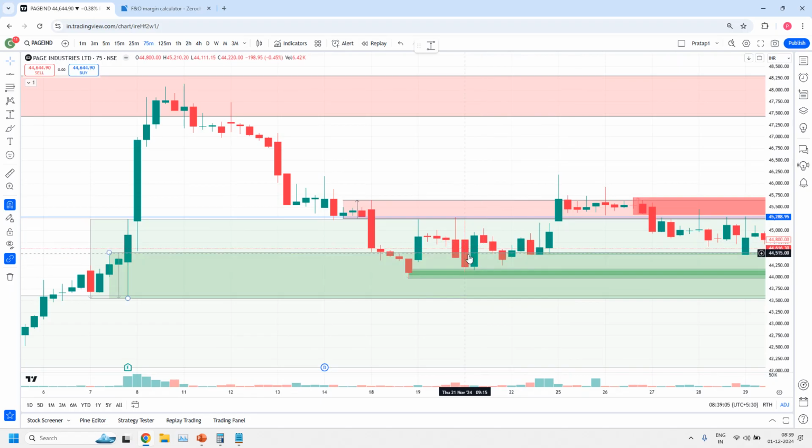Oh, sorry, this is the 9:15 candle. On 14th November, price closed inside this 75-minute zone. But for the fine-tuned area, the next day it reached in the morning session.